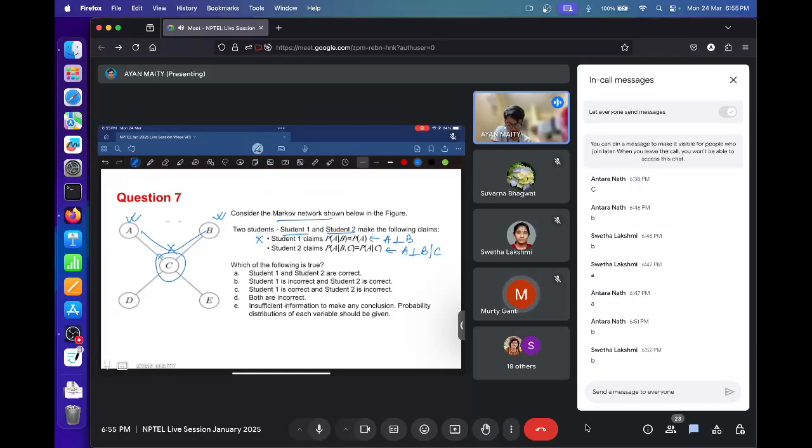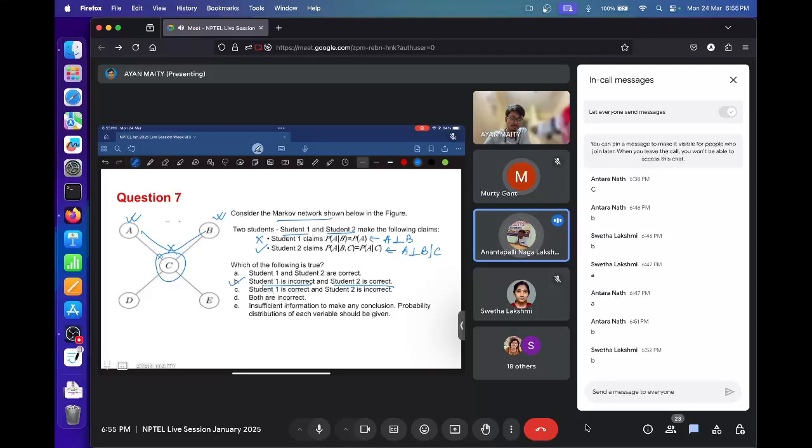If the only path between A and B is blocked by C, the path does not exist, so A is independent of B given C. So second claim is correct. So correct answer would be student 1 is incorrect, student 2 is correct.